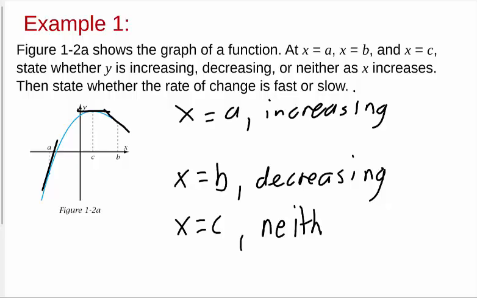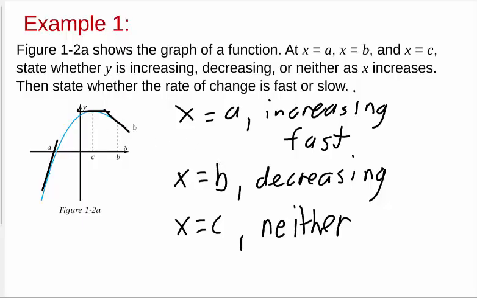All right. Now let's talk about fast or slow. Comparatively, I would say that this is pretty steep at x equals a right here. So I would call that fast, or faster, anyway. This here at x equals b is less steep.